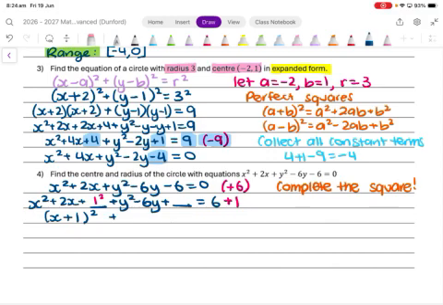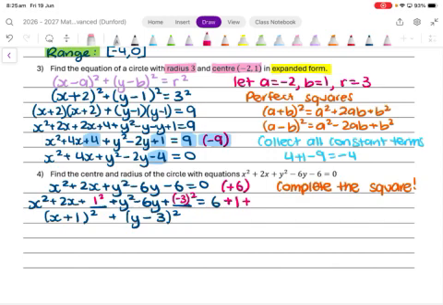Then we have to complete the squares for our y's. So we write it as y, and then we have to halve the coefficient of negative 6. So half of negative 6 is negative 3 all squared. Okay, so then we have to add negative 3 squared back up and add it to both sides.